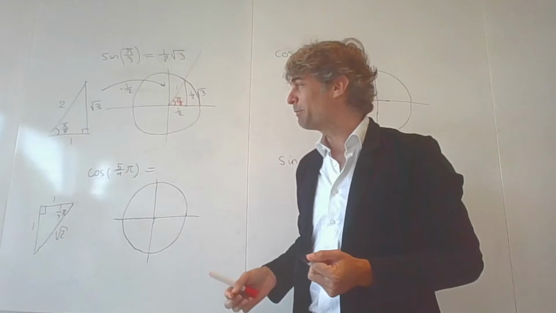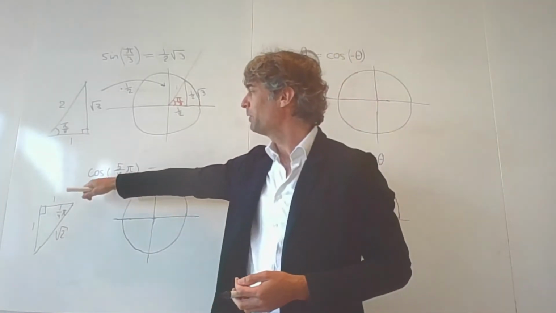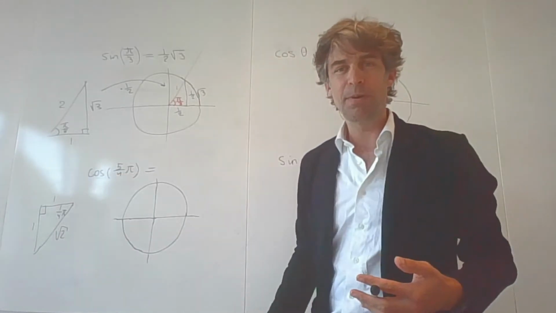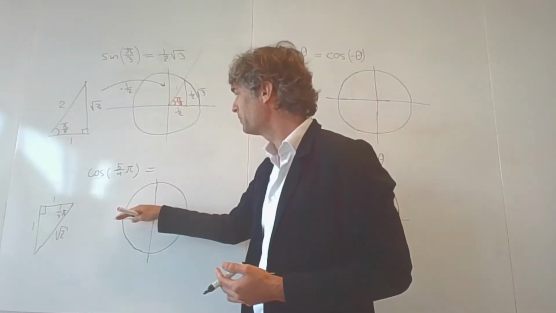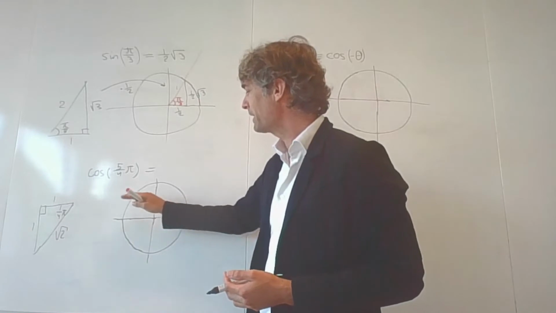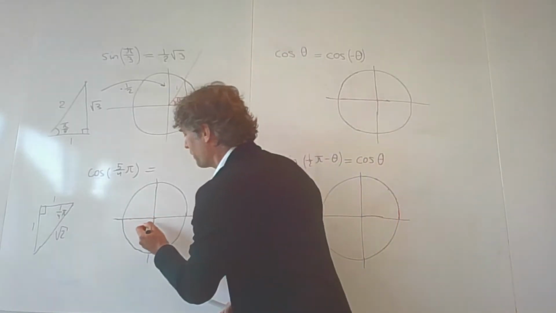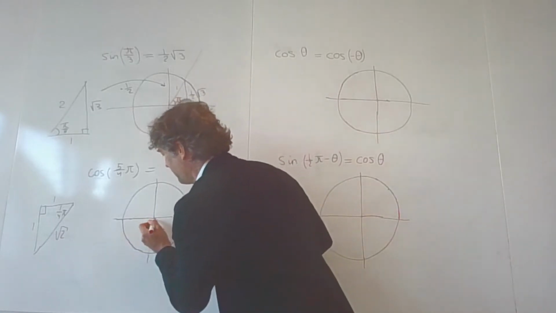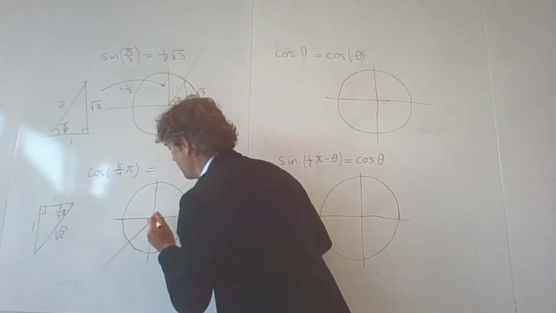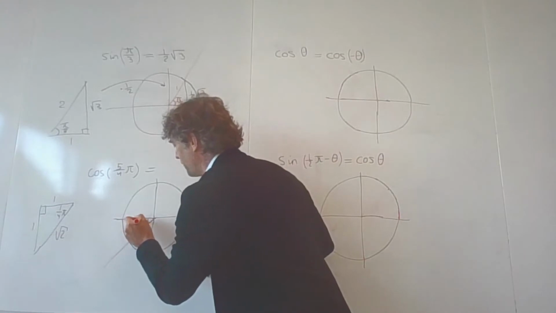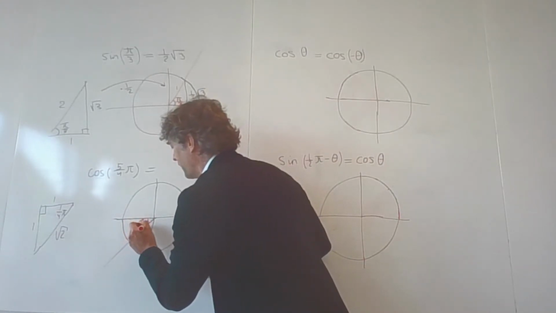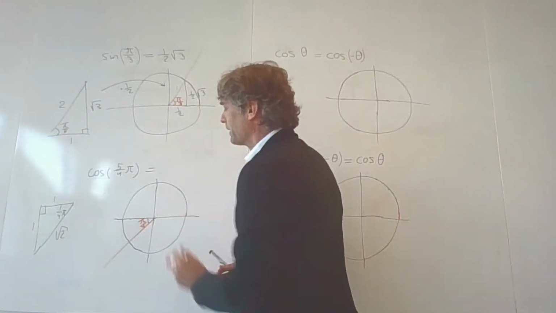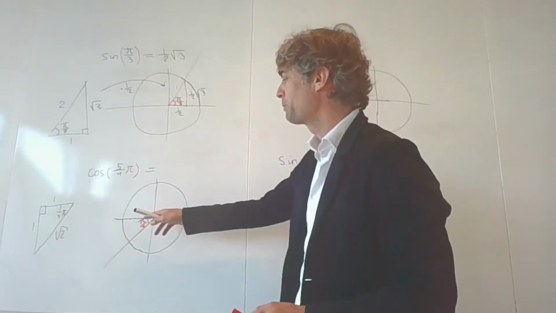So let's try the same trick again, but now slightly different. The cosine of 5 over 4 times pi. Well, that's more than pi, so we're more than a straight angle away from the positive x-axis, and then here another 1/4. So I'm really interested in what's happening here. What's left after I've done this pi is a pi over 4 angle here. And then, of course, the total angle is 5 over 4 pi.